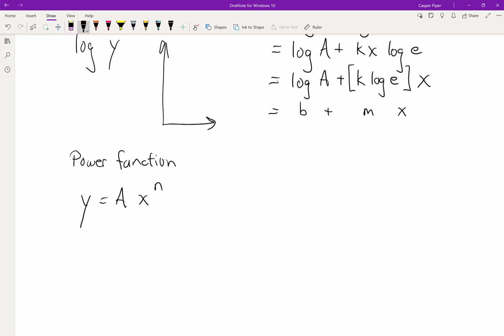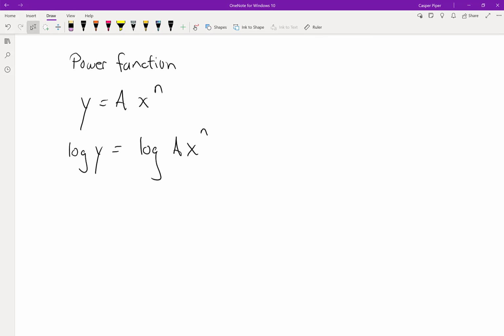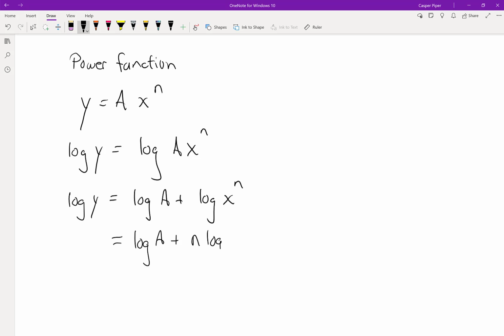So what I need to do, keep in mind this is log paper, right? So I'm going to take the log of y equals the log of ax to the n. And when I do that, I get the log of y equals the log of a plus the log of x to the n. But that's equal to the log of a plus n times the log of x.